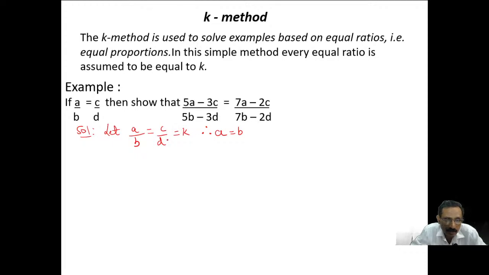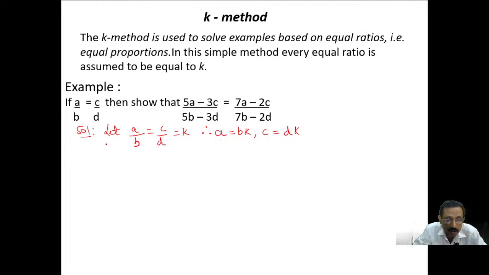A upon B is equal to K, C upon D is equal to K. So I will get A is equal to BK and C is equal to DK. Now whatever values I have got for A and C, I will take this and substitute to see how my K method works.